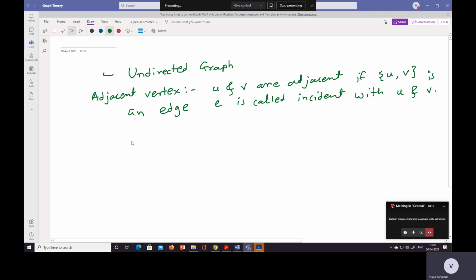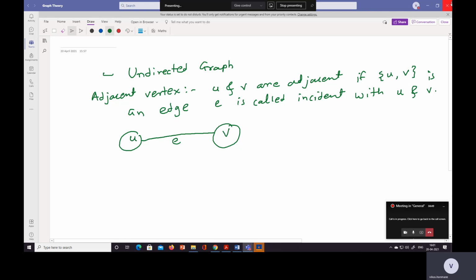Let's suppose here U and V. These two vertices U and V are adjacent with each other when an edge E is incident with U and V. So this edge is incident with U and V, and that's why U and V are adjacent vertices.